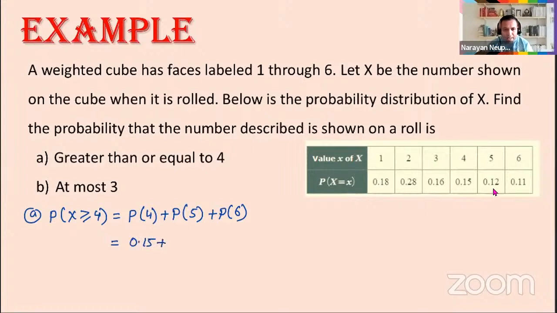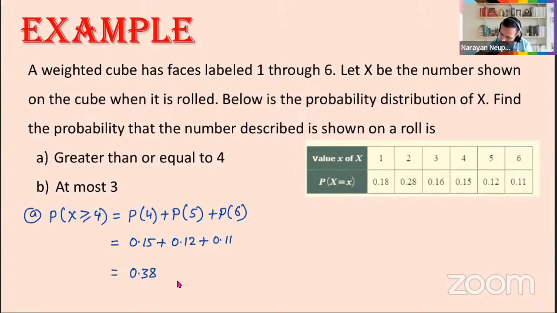Probability of getting 5 is 0.12. And probability of getting 6 is 0.11. And if you add these three, you will get 0.38. So the probability of getting a number which is 4 or more is 0.38.